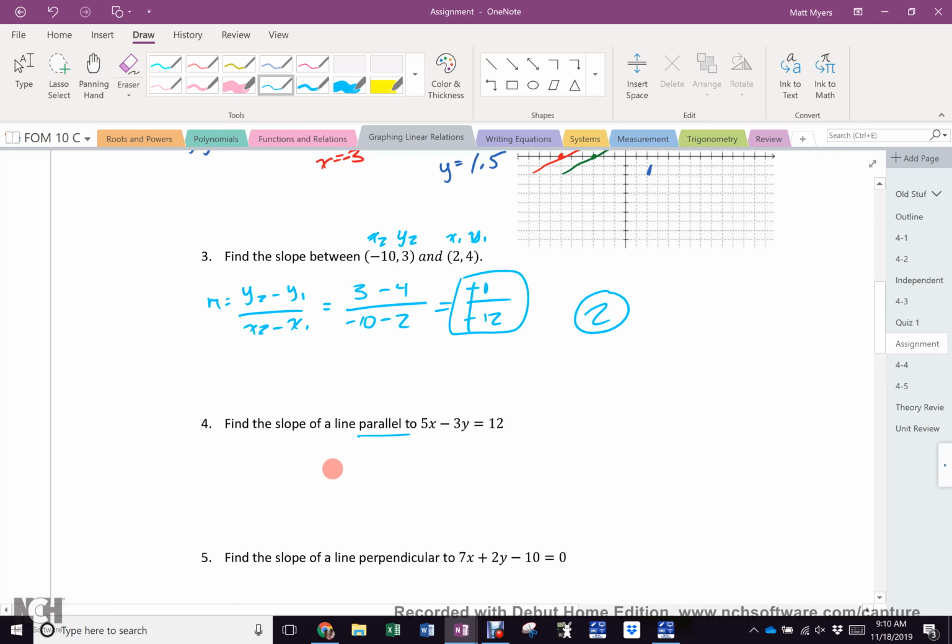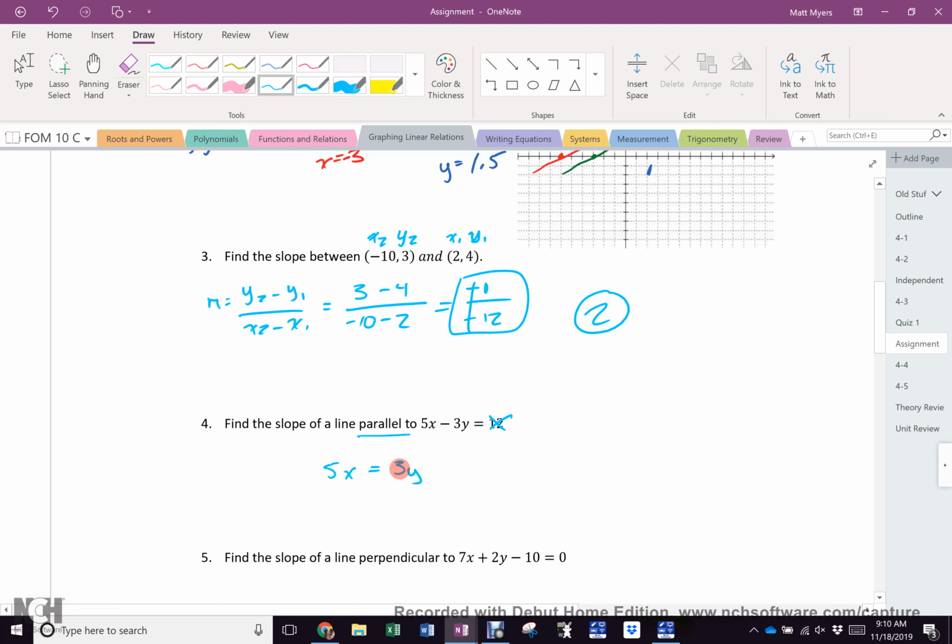So, 5x equals 3y, right? Do I even care about the 12? No, because parallel, I only care about the slope. So I don't even care about the 12. So why did I move 3y over to here? It gets rid of the negative, because it's got to be isolated, yeah? Can't have a negative in front of it.